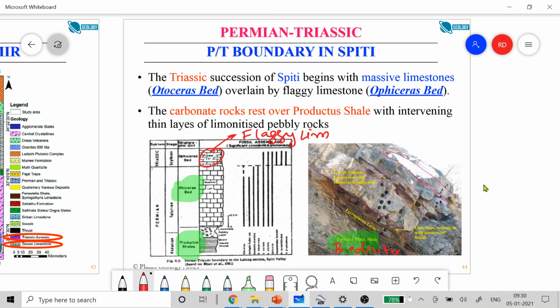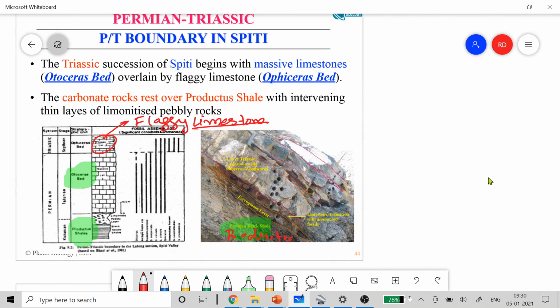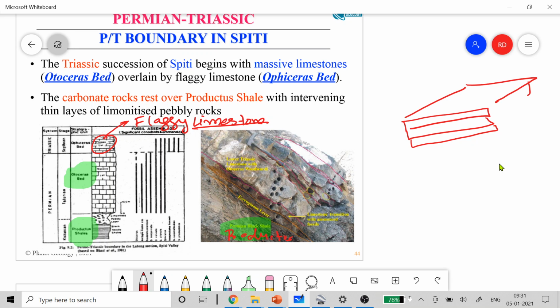What do you mean by flaggy? You use this term, so it will have these sort of layers. It will appear fissile. Yes, exactly, it looks a little bit fissile, so you'll see this kind of character.